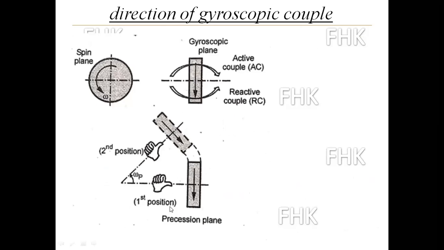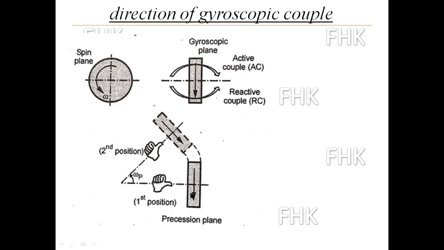This is our precession plane as per the given condition. So this is the direction of the rotor in precession plane. So by the right hand thumb rule, the curling fingers show the direction of rotation. The tip is going downward.